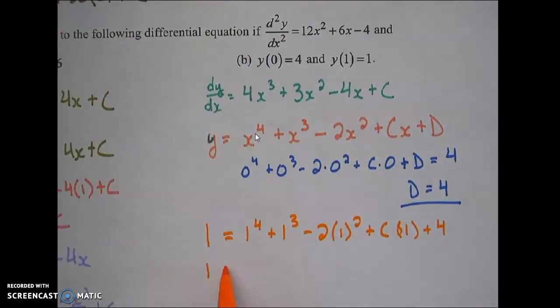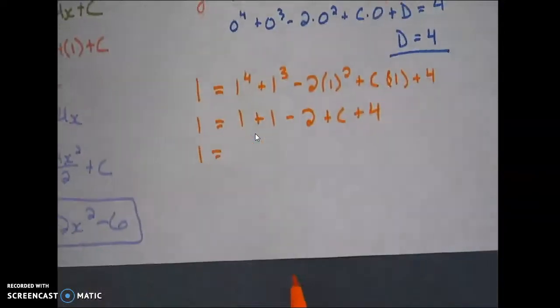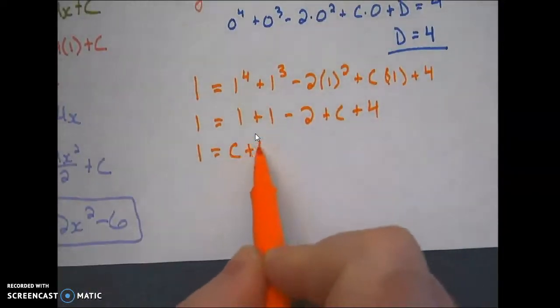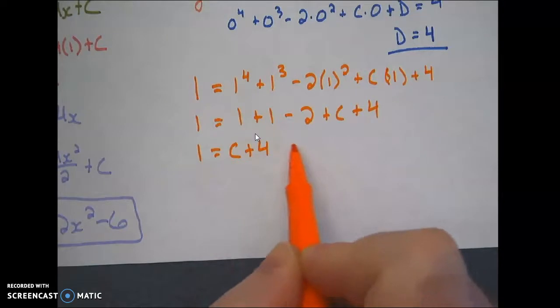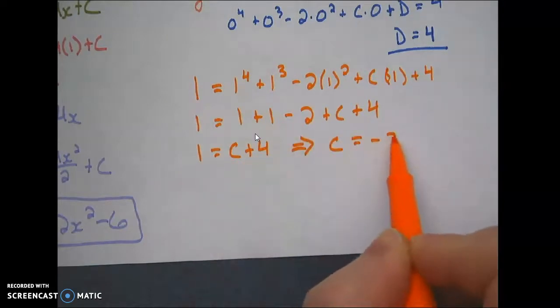So 1 equals 1 squared, that's, well, I'll just say c plus 4. 1 equals 1 plus 1 is 2. 2 minus 2, that's gone. So I get c plus 4, minus it over. Big C then is equal to negative 3.